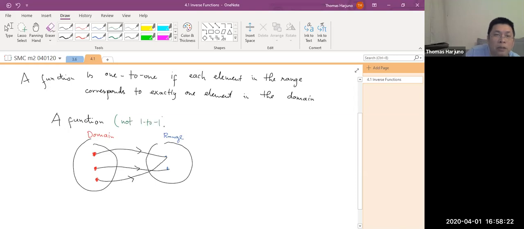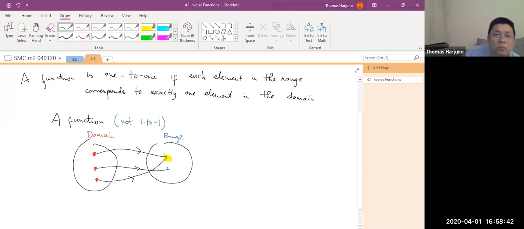The reason is we can find some element in the range, this element here for example, that corresponds to two elements in the domain. See, it is a function, but not one-to-one. Now, how to make it one-to-one?